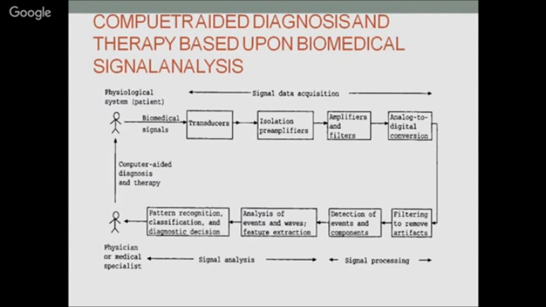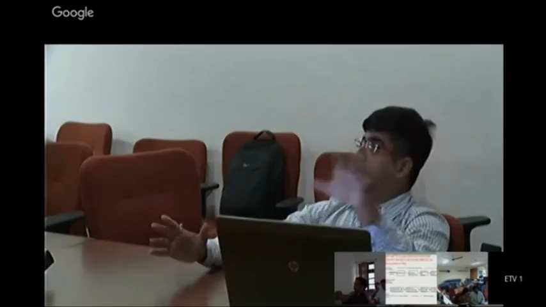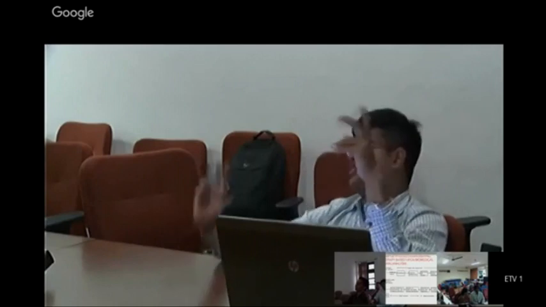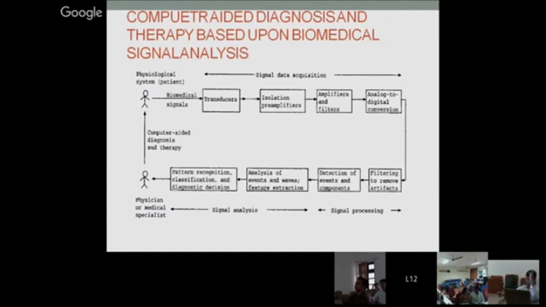Isolation is basically so that the subject is isolated from your system, because there can be some back charge going, and if you do not put isolation, the patient will feel even the millivolt signal. He will feel some trembling kind of thing. He will experience that, and that should not be there. So system and patient should be isolated for safety purposes.